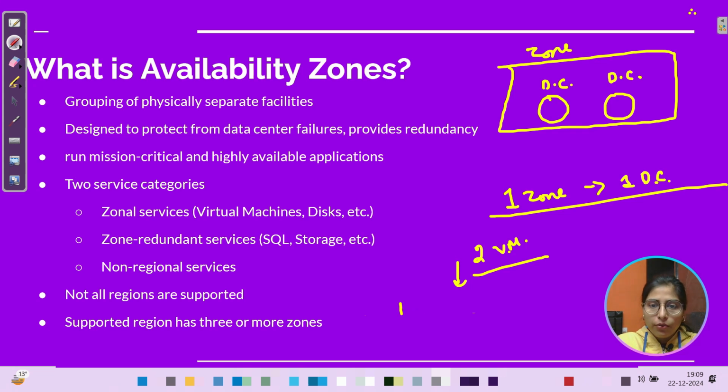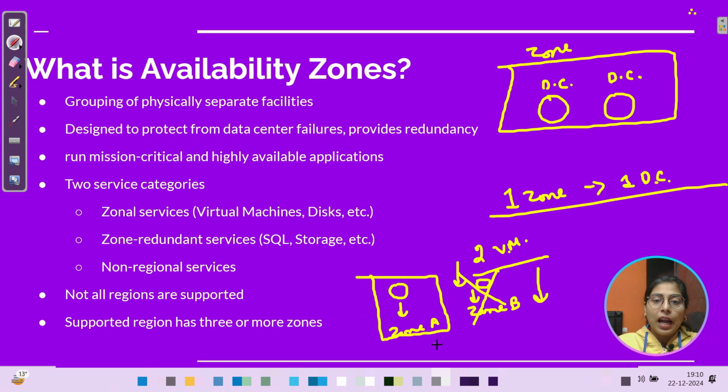So if one virtual machine is deployed in zone A and another virtual machine is deployed in zone B, that means these virtual machines have been deployed in two different data centers. Even if one data center goes down, another data center will keep working. That means your application is still available, right?